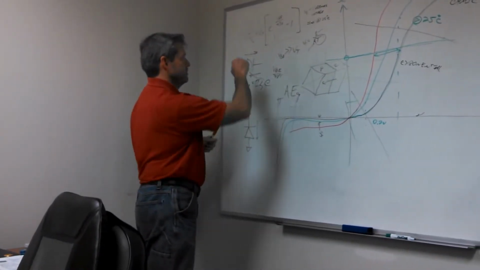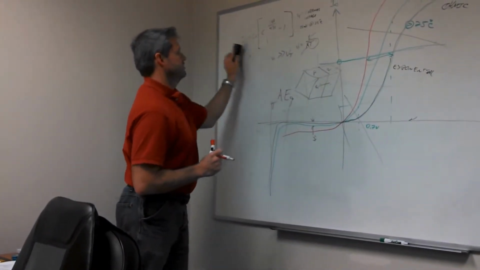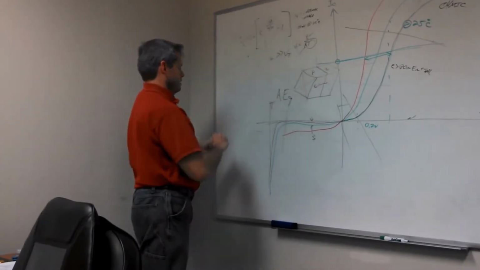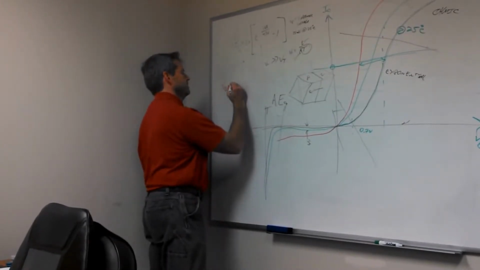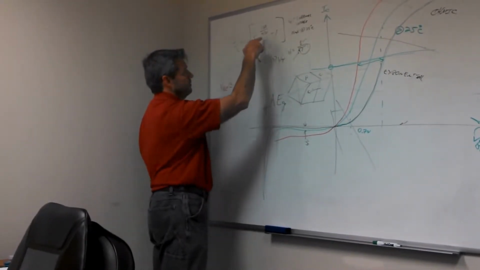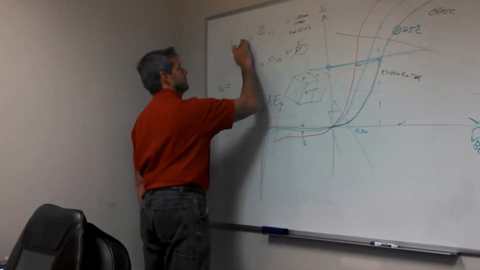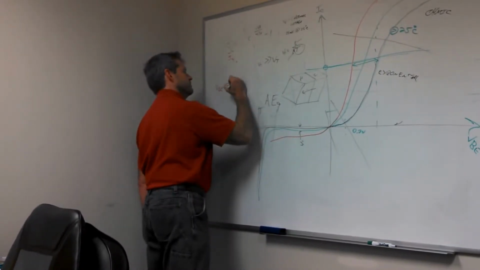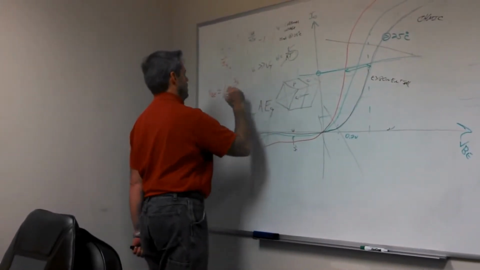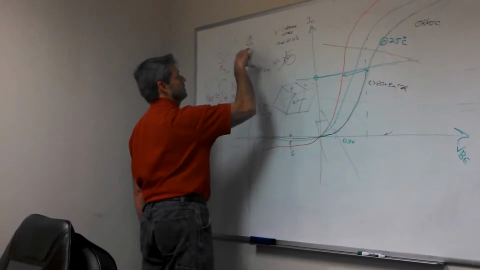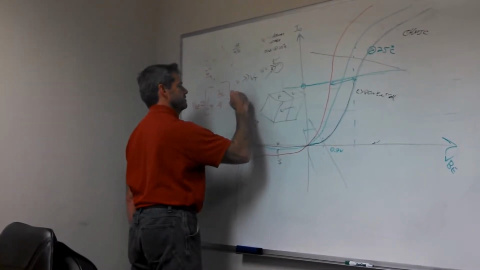When you solve this out for VBE, you get VBE approximately equal to, let's see, we take the log of both sides and divide IC over IS, so we get the natural log of IC over IS times VT, I think.